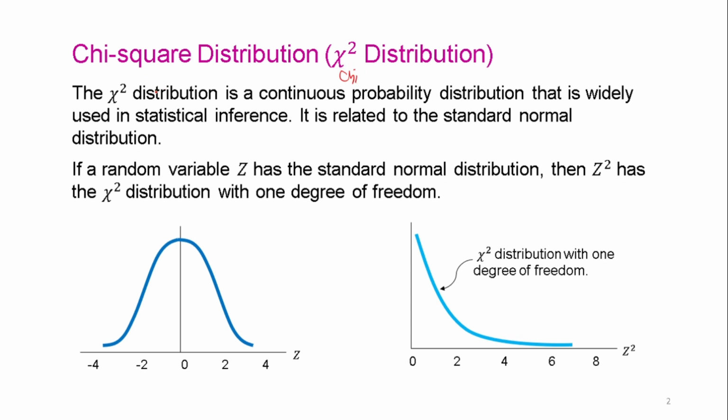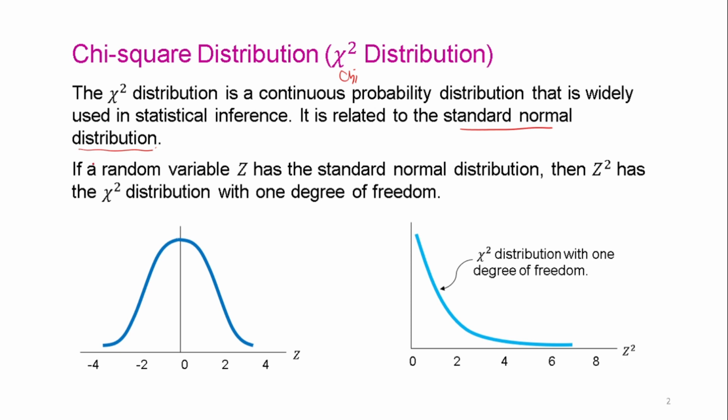The chi-square distribution is a continuous probability distribution that is widely used in statistical inference. It is related to the standard normal distribution. If the degrees of freedom increase, you can see the distribution follows a normal distribution. Later we will see this in the next slides.